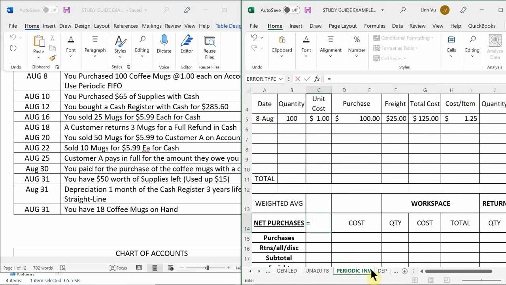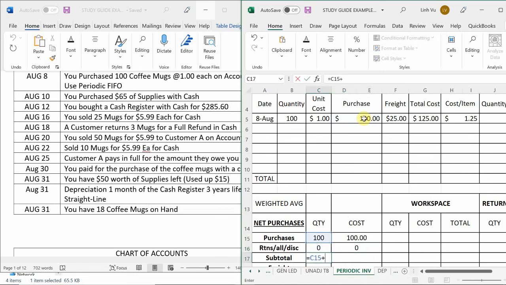Quantity. We have a total of 100 mugs, right? At a grand total of $100, right? So therefore, no, we didn't have any returns or allowances.